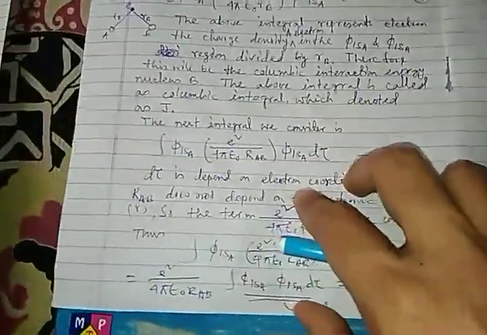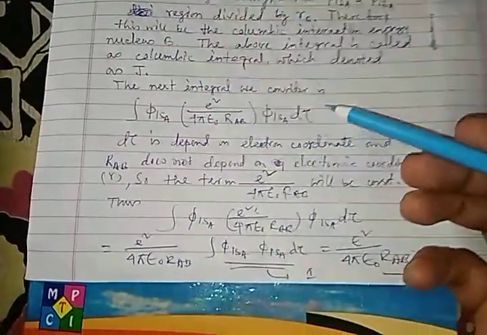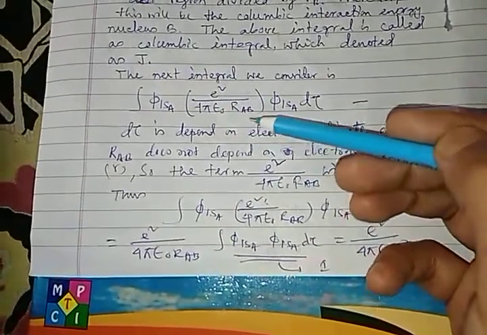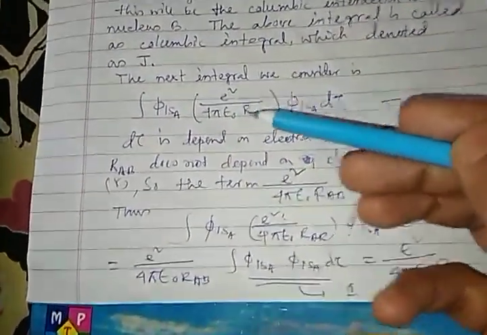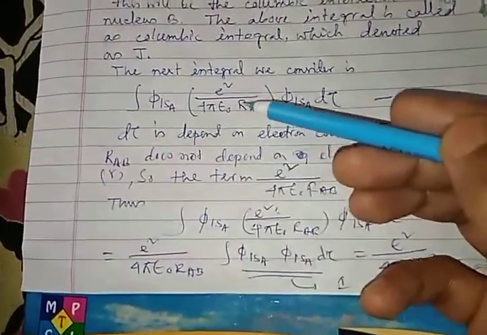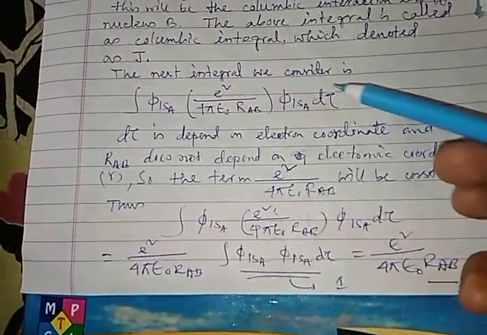So I will have this type of integration. Now this d tau depends on the coordinate of the electron. This RAB is not dependent on the coordinates of the electron. It only depends on the coordinates of your two nuclei, so it is not a function of d tau.